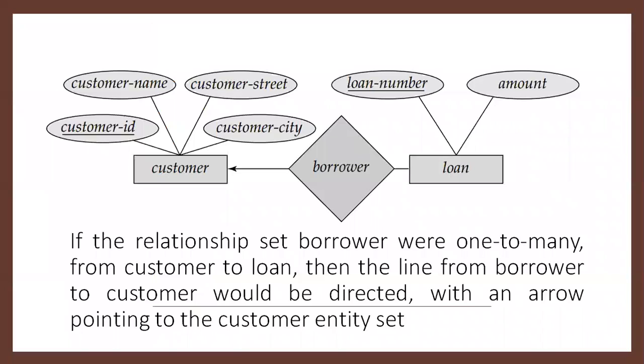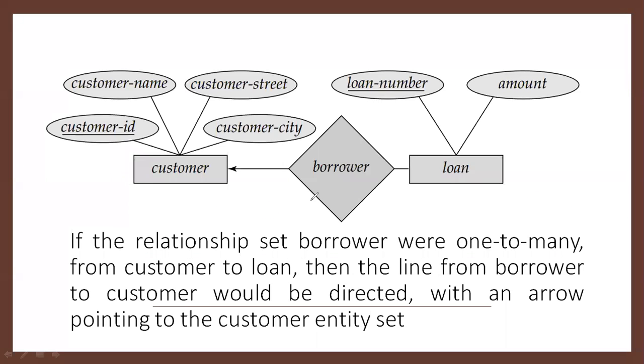This is the first diagram, which is representing an ER diagram for the relationship set borrower, where one to many from customer to loan is represented. You can see, if the relationship set borrower were one to many from customer to loan, then the line from borrower to customer would be directed with an arrow pointing to the customer entity set.